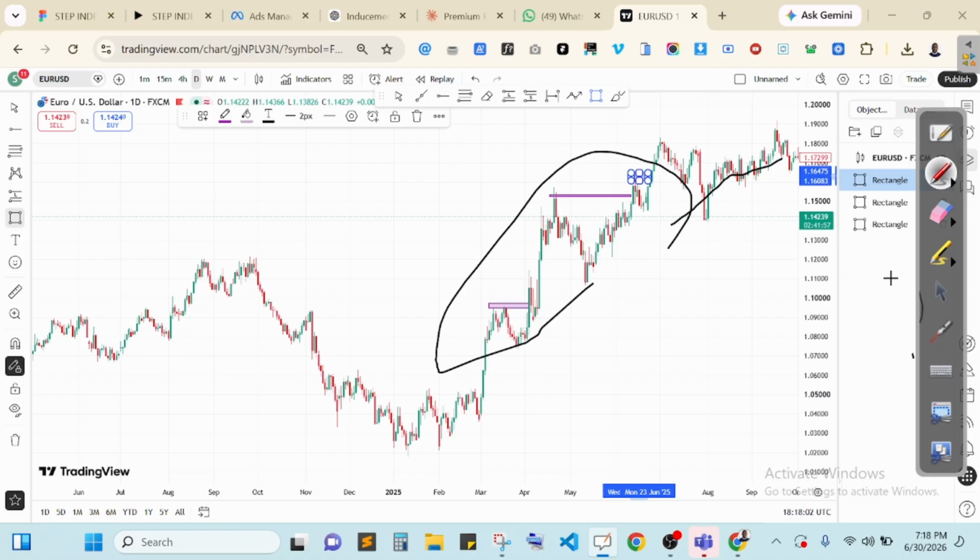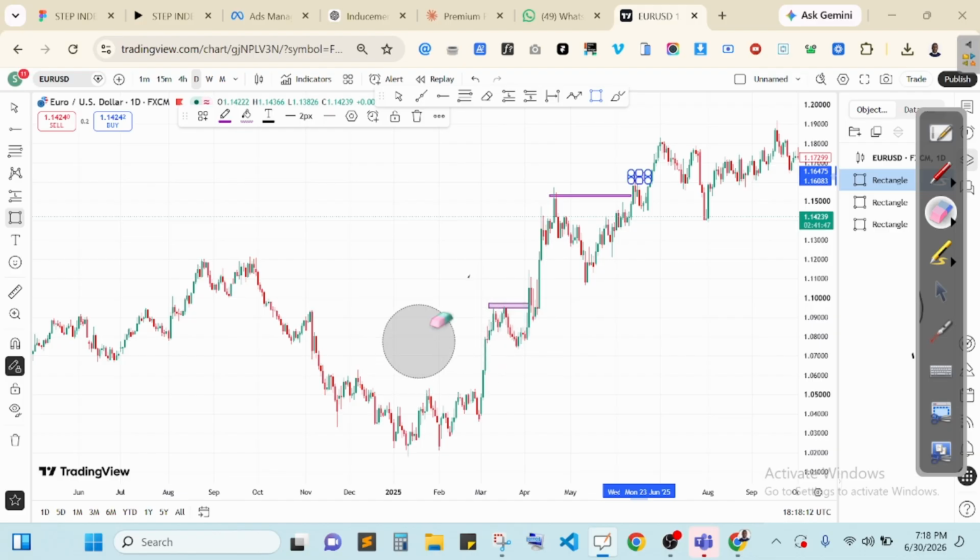Now, I talked about change of character the other time, right? Now let's look for change of character. If the market is moving in an upward direction, anytime change of character appears, you already know that the market is about to change trend direction. For example, this is what I'm talking about.